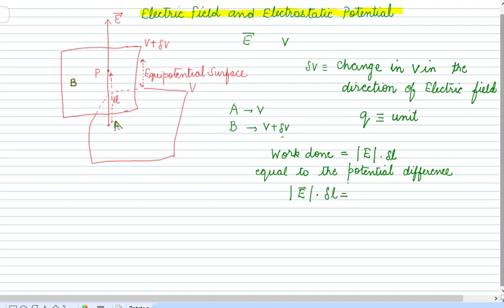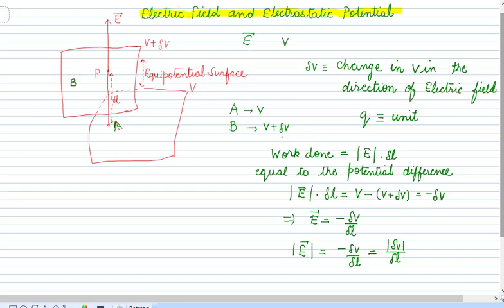The final potential is V plus delta V and the initial potential is V. So we can take it as V minus V plus delta V. So this is equal to minus delta V. So from this equation we get the electric field E is equal to minus delta V upon delta L. Or if we write down the magnitude of the electric field E, it comes out to be minus delta V upon delta L. And the magnitude will be delta V upon delta L. Fine.